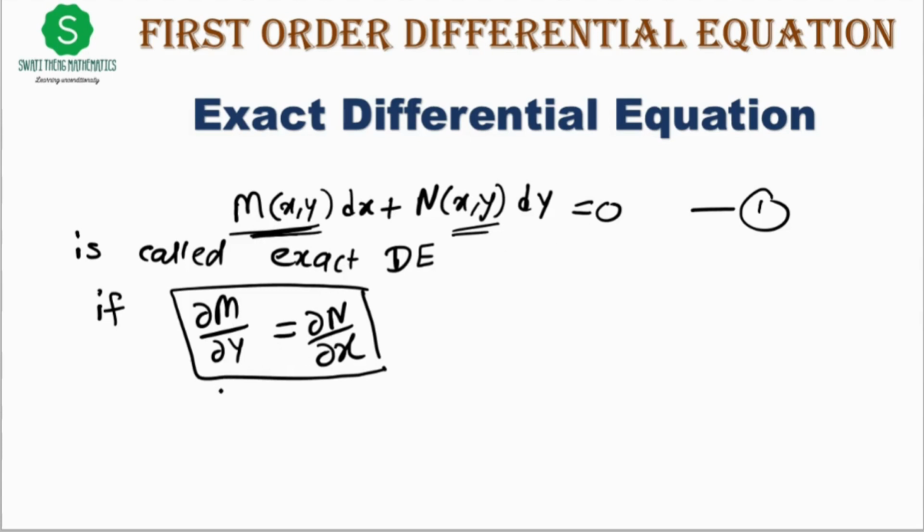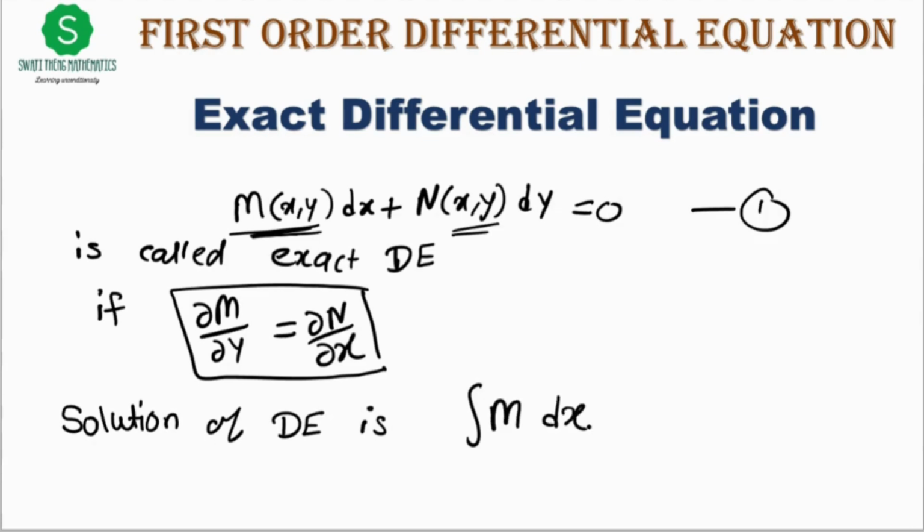Now if our differential equation is exact, then we can find its solution. So the solution of our differential equation is integration of M dx plus integration of N dy equals the integrating constant c. Here in M, y we have to take as a constant.